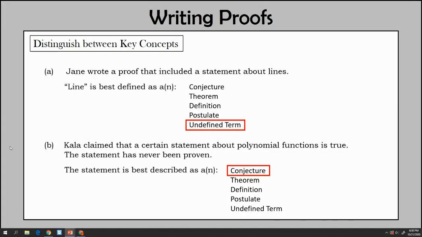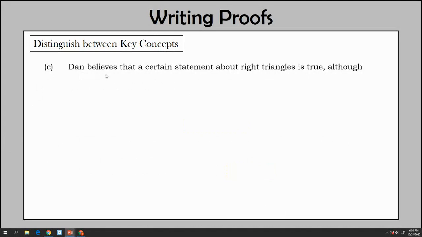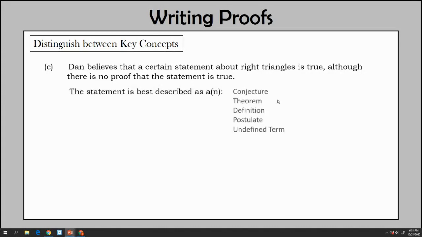Okay. Next one. Dan believes that a certain statement about right triangles is true, although there is no proof that the statement is true. So he thinks a statement is true, but it hasn't been proven yet. Therefore, again, we're dealing with a conjecture.